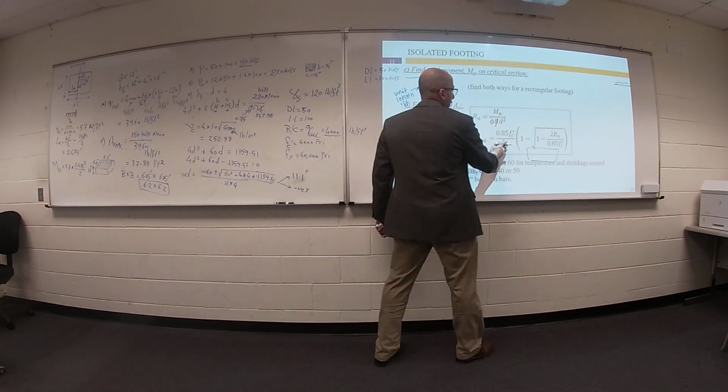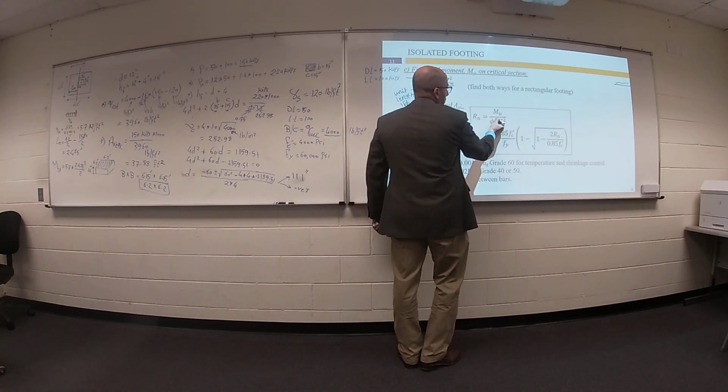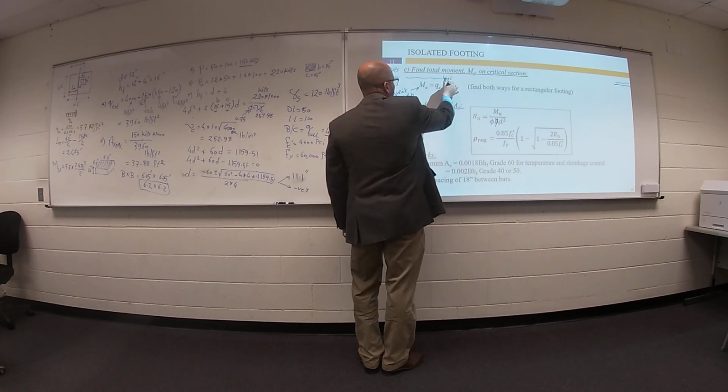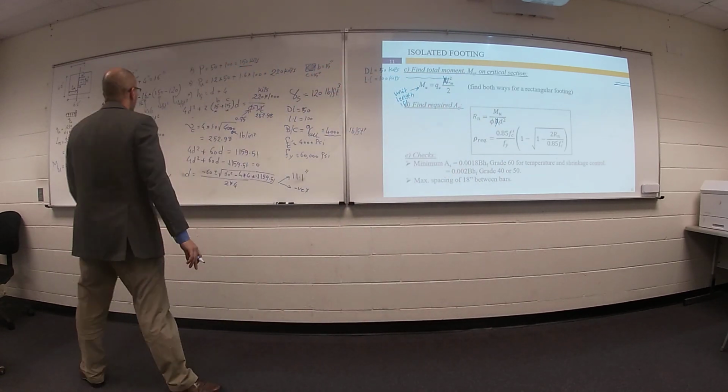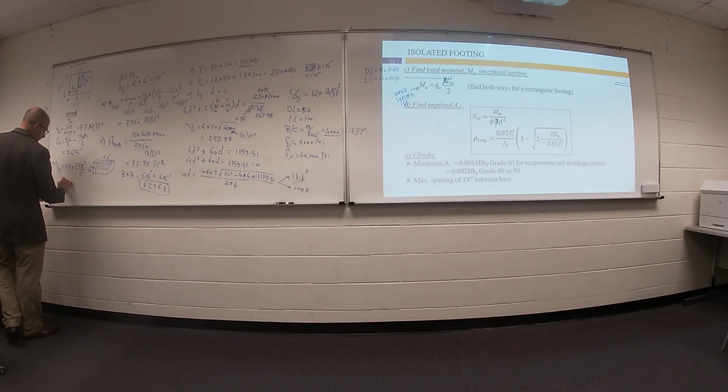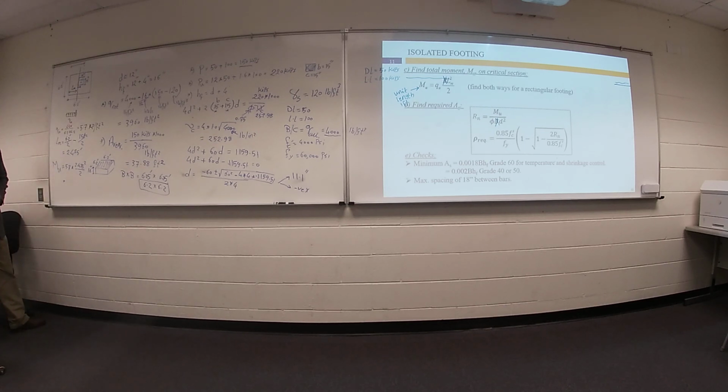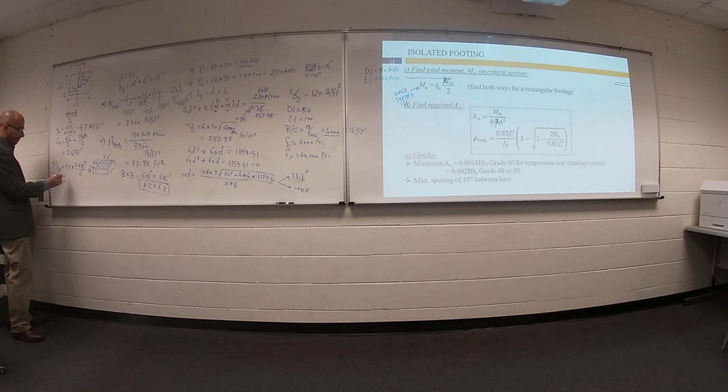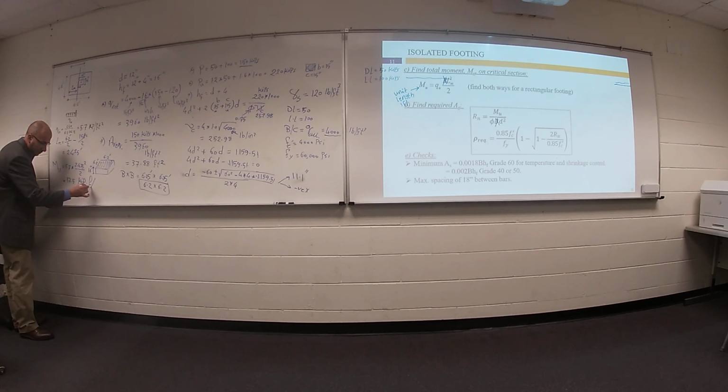So remove B from here and remove B from here. Anyway, your bending moment will be this value squared divided by 2 times 5.7. Your bending moment will be 17.5 kip-foot.